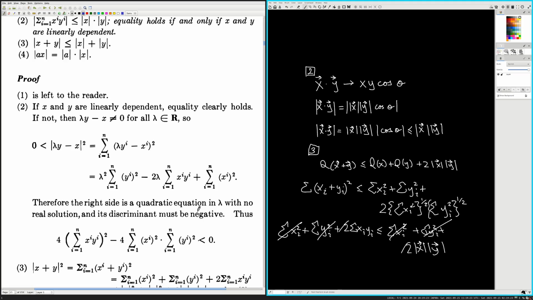Now he's using polynomial stuff that I don't remember. Okay, therefore the right side is a quadratic equation in lambda with no real solution.